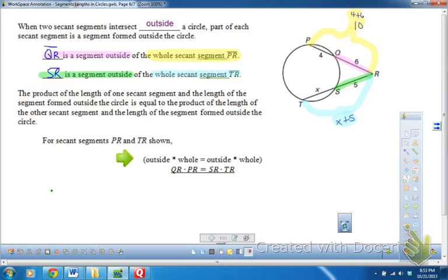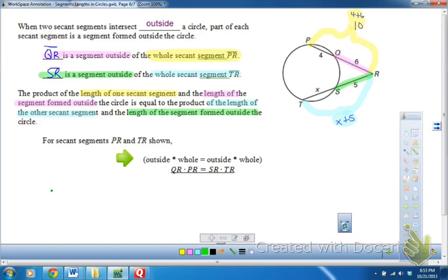Now, the formula for this: the product of the length of one secant segment and the length of the segment formed outside the circle is equal to the product of the length of the other secant segment and the length of the segment formed outside.